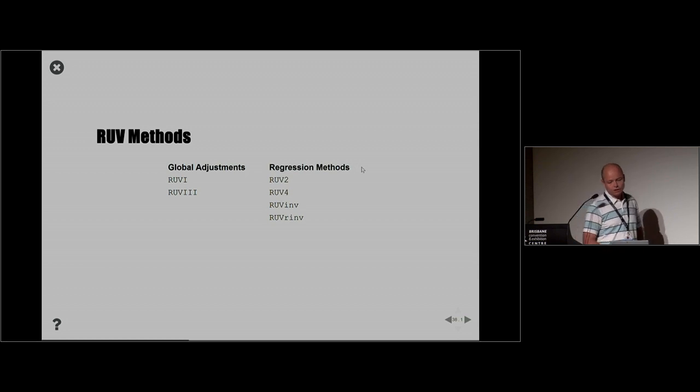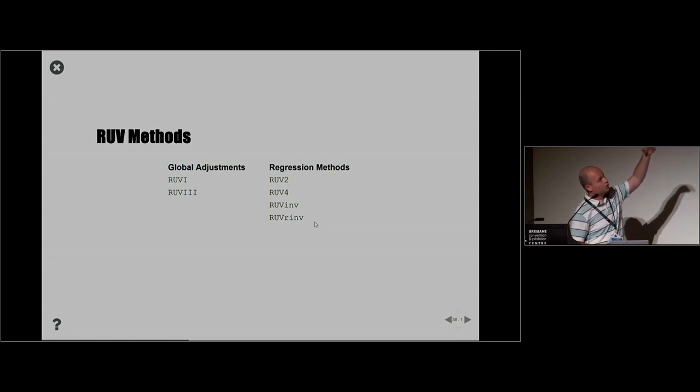And then there's the regression methods, and all of these do essentially the same thing, but in slightly different ways that give them different strengths and weaknesses. So all of these use the negative controls to come up with an estimate of the unwanted factors.